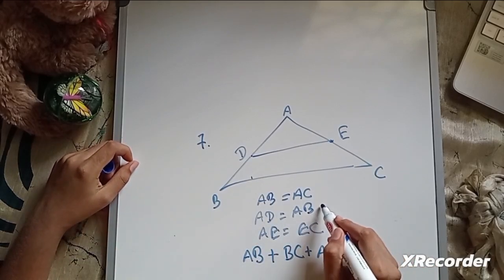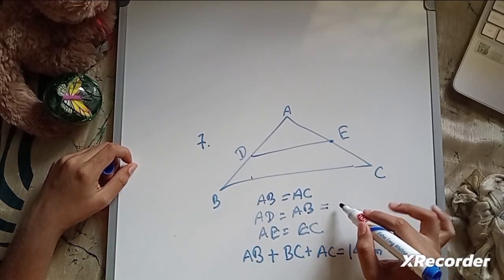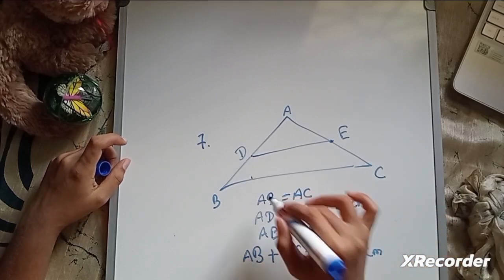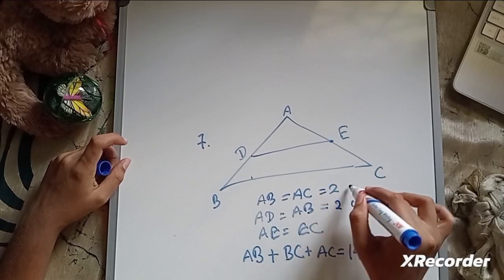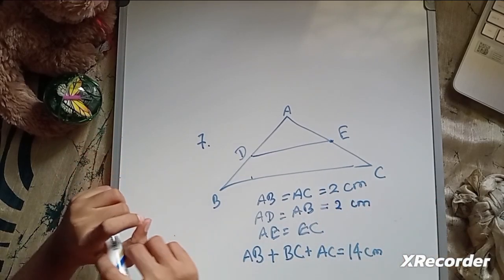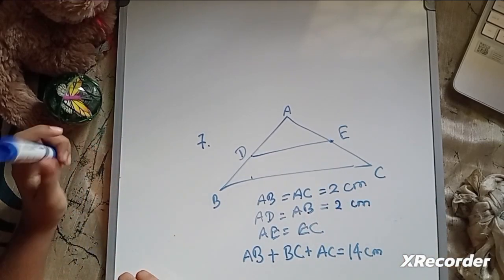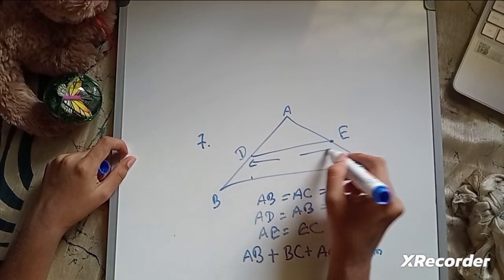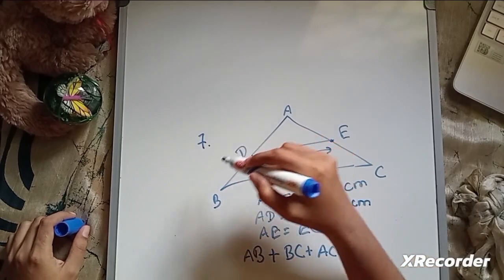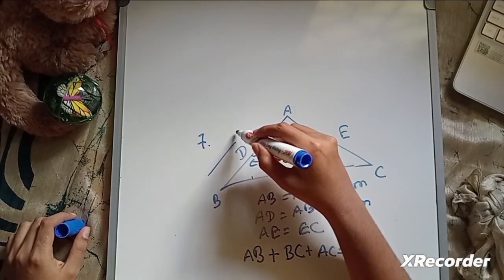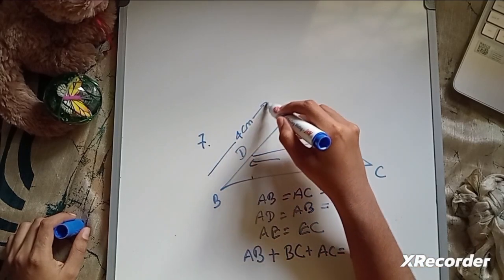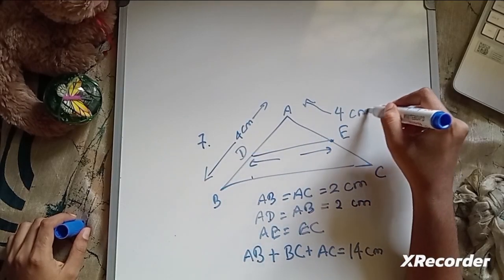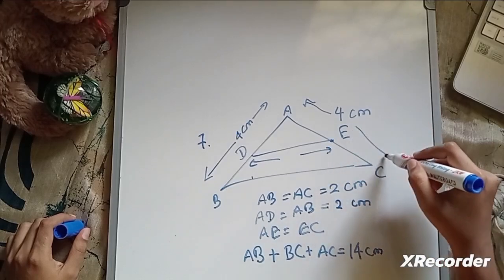So AD is 2 centimeters, and AD equals half of AB. Find the length of DE. So we have to find the length of this one. Then we know AB is 4 centimeters. This also is 4 centimeters since AB equals AC.